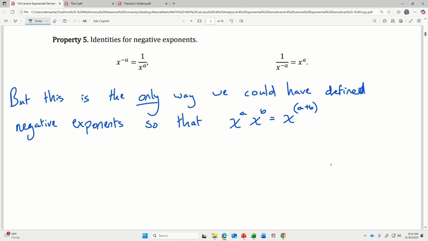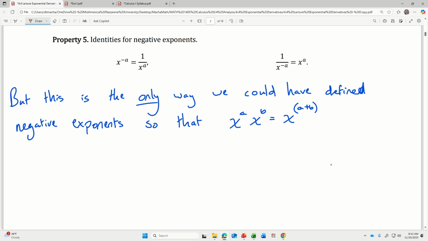We know that positive exponents, positive integers, means repeated multiplication. What does it mean to raise something to a negative integer power? How do we decide what that's going to mean? Well, whatever it means, it has to obey this rule.